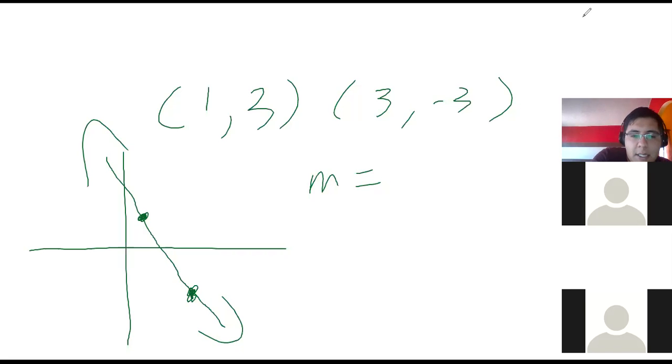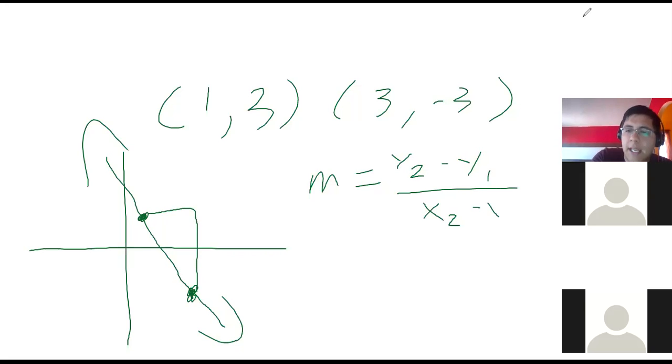Technically, remember that it's rise over run, but how would we put that into a formula if any of you can remember? So remember that the formula was y2 minus y1 over x2 minus x1.